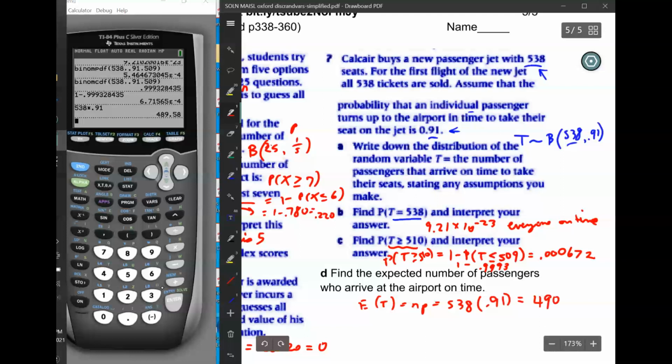Okay, so the average number of people that are going to come under these conditions is 490, which is a lot of empty seats, right? That's 48 empty seats.